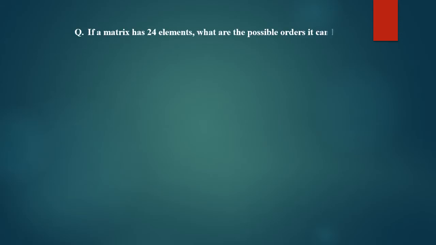We will consider another similar example. If a matrix has 24 elements, what are the possible orders it can have? And what if it has 13 elements? So here we need to calculate the possible orders if a matrix has 24 elements. So for this we go on writing the set of ordered pairs whose product is equal to 24.